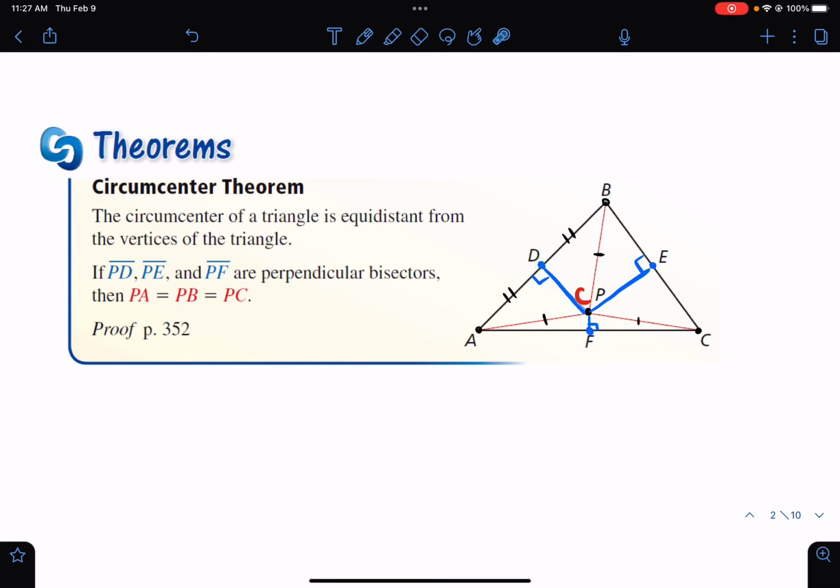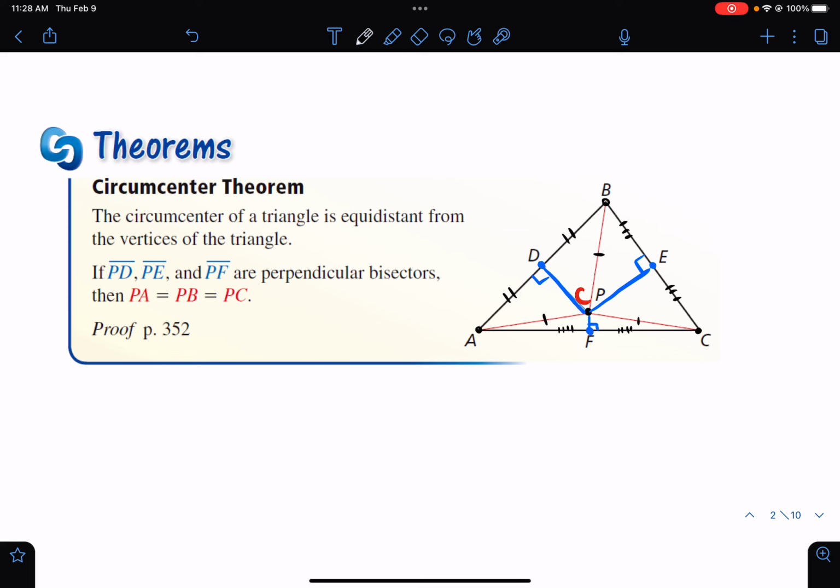It's bisecting AB. Same with from B to E, that distance is the same as E to C, because that line was bisected by this line that was used to create the circumcenter. And then the last one, this line down here at the bottom, AF, is equal to FC.